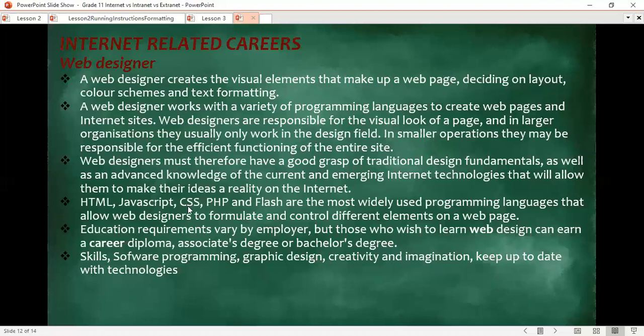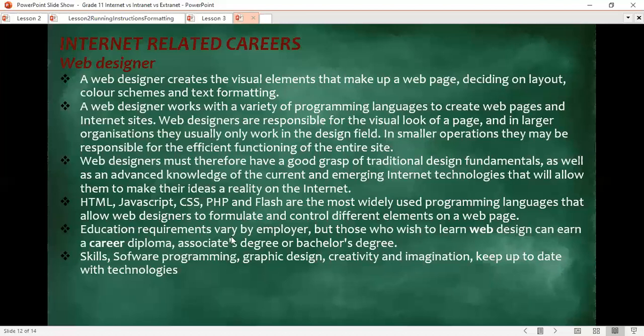So the languages that you may need are HTML, JavaScript, CSS, PHP, and Flash. These are the most widely used programming languages that allow web designers to formulate and control different elements on a web page.